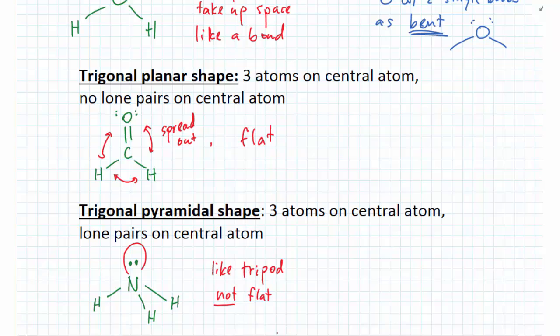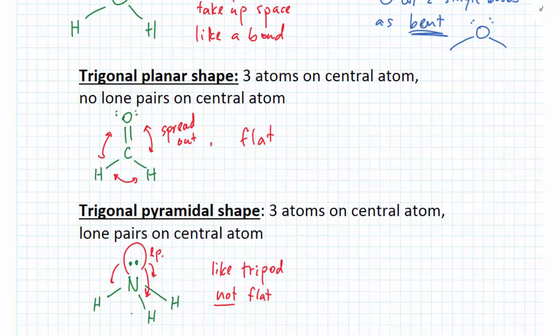Okay. The fact that we have this lone pair repels those bonds. Okay. The bonds are just pairs of electrons themselves, and electrons repel each other.